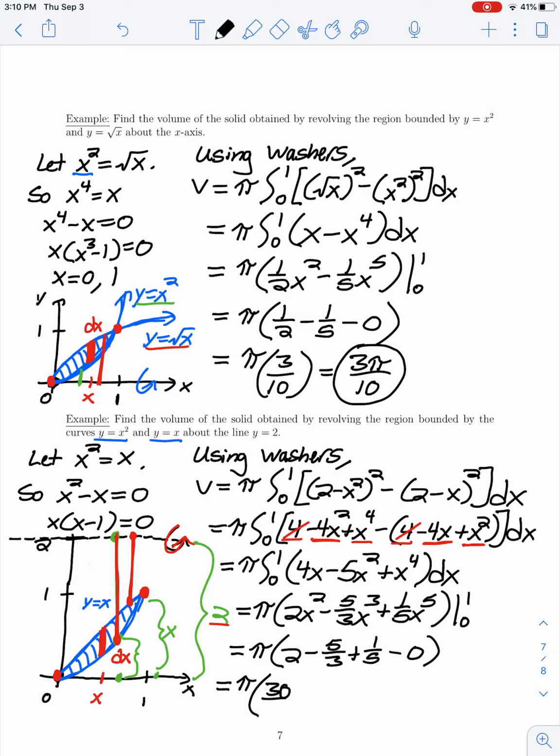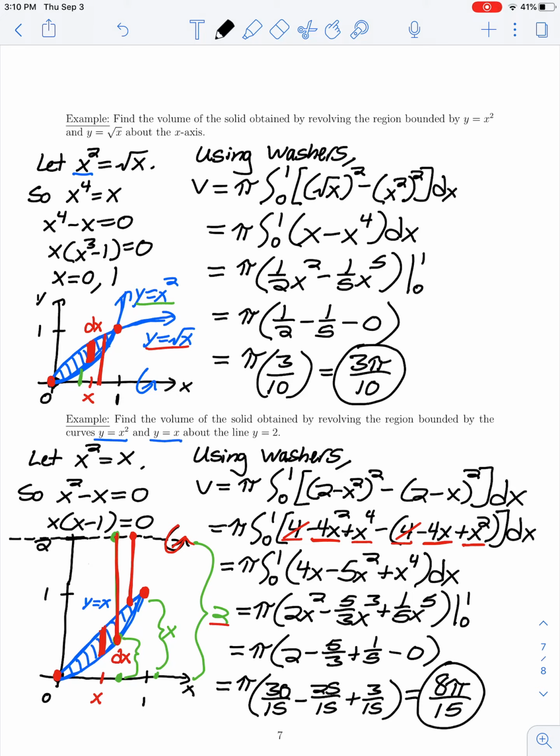So 2 is 30 over 15, minus 5/3 would be 25 over 15, and then plus 1/5 would be 3 over 15. So altogether, 30 minus 25 is 5, plus 3 would be 8 over 15, times pi gives us 8 pi over 15 for the volume of this solid.